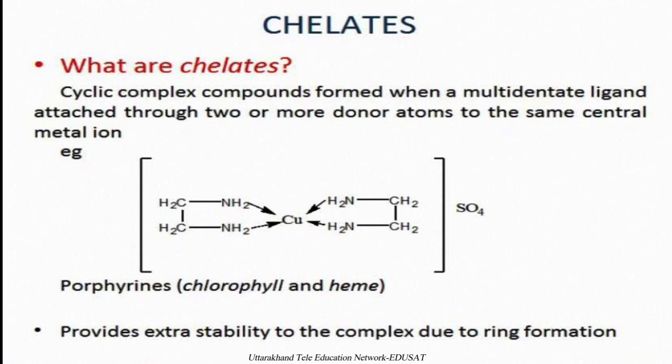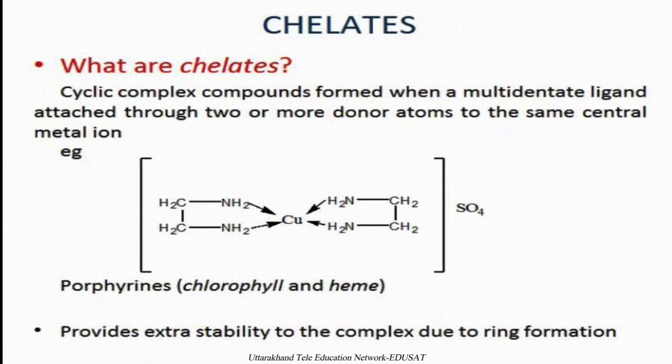In this, we have 2 donor sites in the form of nitrogen atoms, which contain non-bonded electrons, which can be donated through coordinate bonds to the copper. Here, ethylene diamine, when coordinating with the copper, forms a pentacyclic structure.